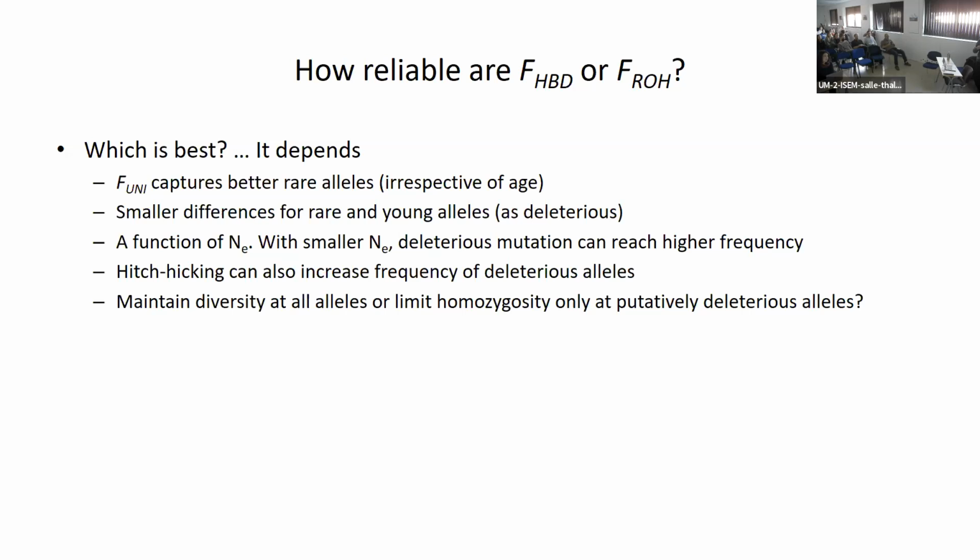So then the methods get closer, and hitchhiking can also bring deleterious alleles to high frequency. And it depends also a bit on your objective, if you want to limit inbreeding at deleterious alleles or at all the alleles.